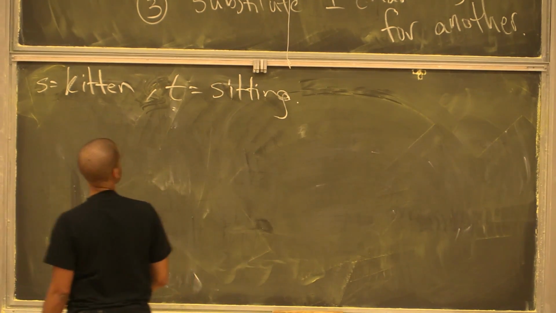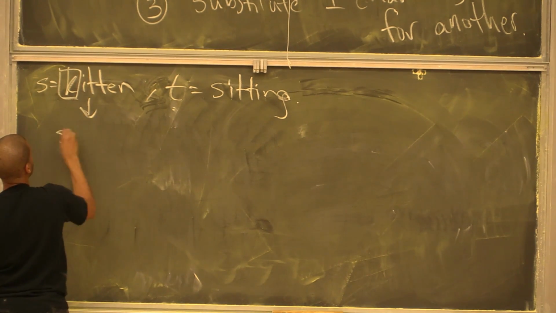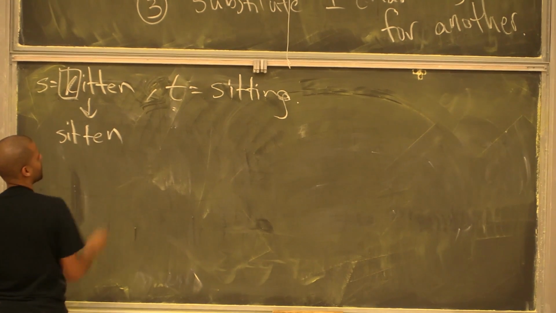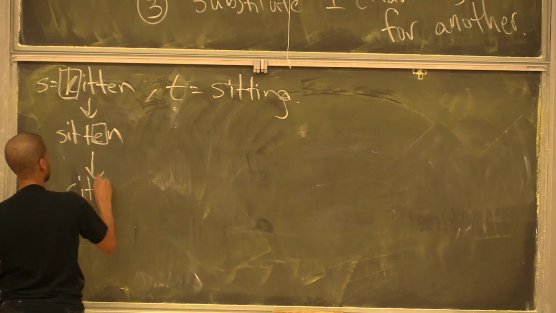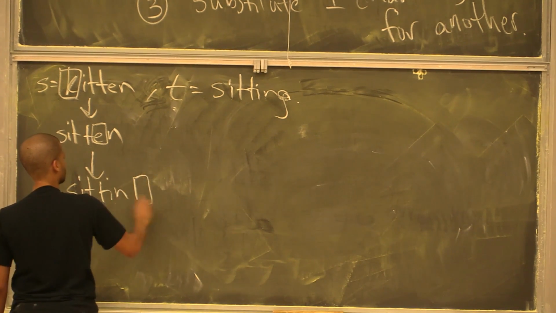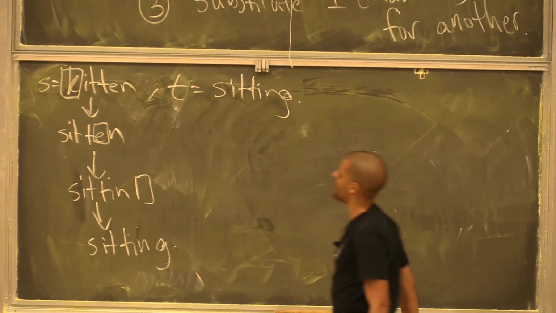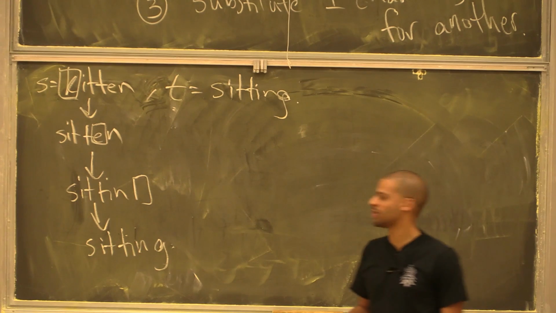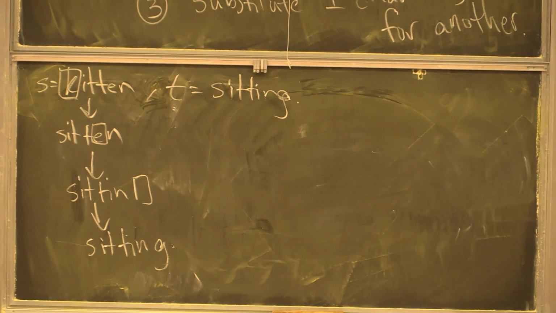So one thing I can do is I can substitute K for S. Then I can substitute this E for an I. Then I can insert a G. In fact, this is the cheapest way, under these three allowed operations, to turn kitten into sitting. So the edit distance between these two strings is 3. I would like to compute for any given strings the edit distance.